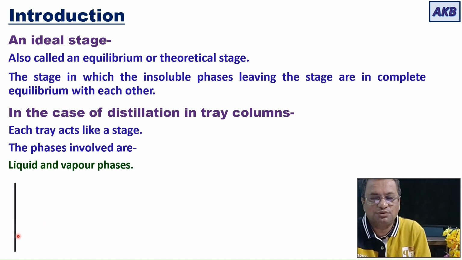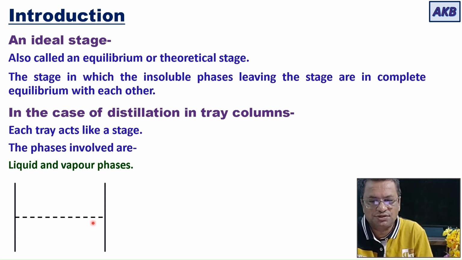If you have to understand it with the help of this diagram, I'm showing a single tray over here. In the tray column, this tray is going to act as a stage. So what happens? Two insoluble phases come to that tray. There is intimate contact between them.